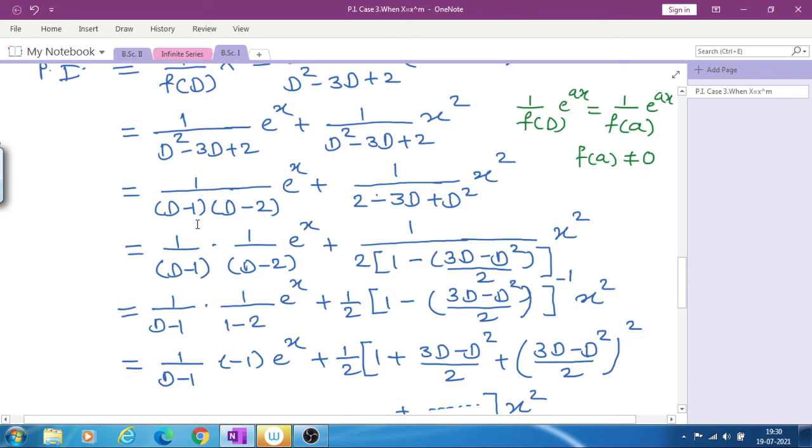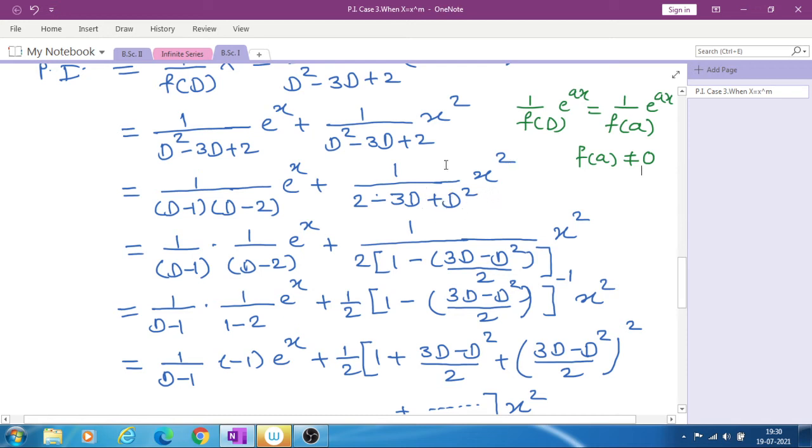So here, for that we have to write this f(D) in factors. First we have written the factors of this f(D), D minus 1 and D minus 2, and here X is x square, that is x raised to m, with m equal to 2.